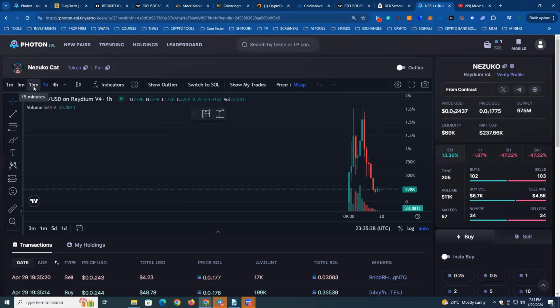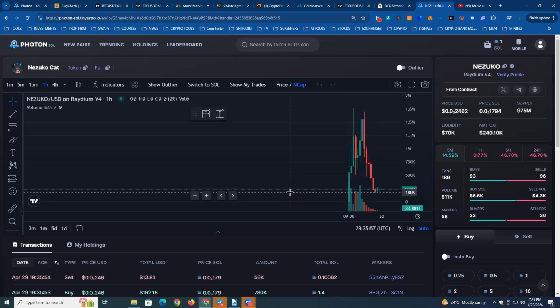You want to look at the coin initially from a broad picture. For instance, this is the 1 hour time frame. The reason why you're going to be looking at the smaller time frames is because you need to be aware that with meme coins in particular, 90% of them are coins that are going to run to zero in terms of value.